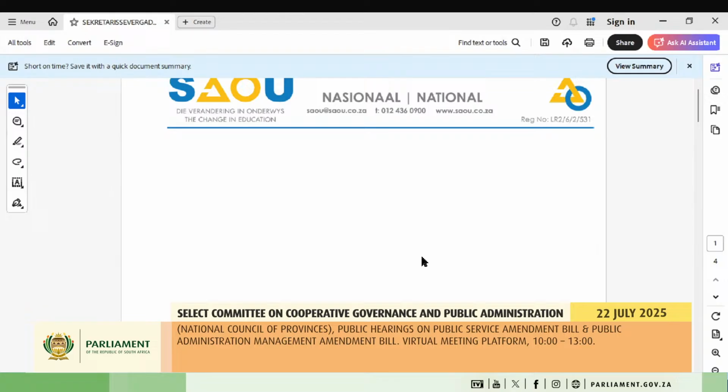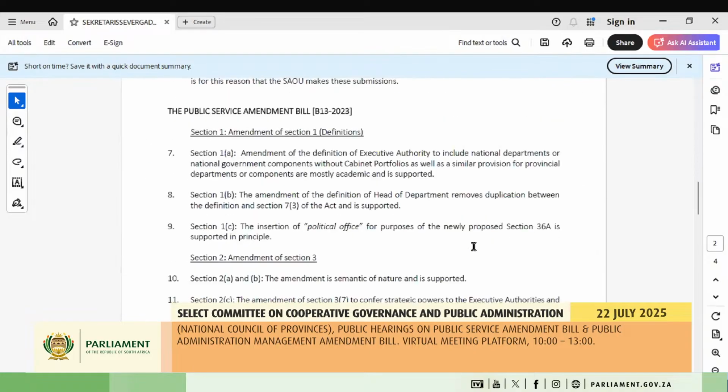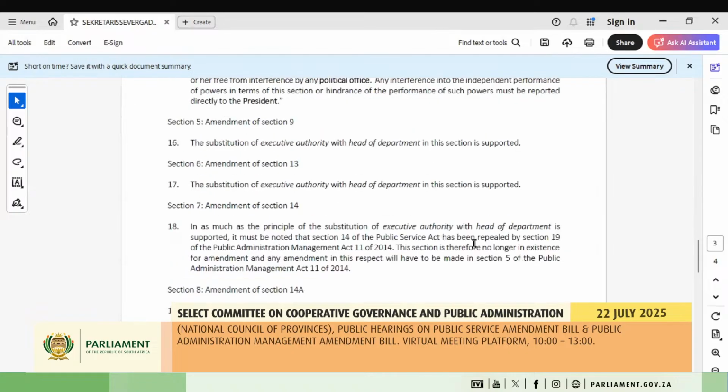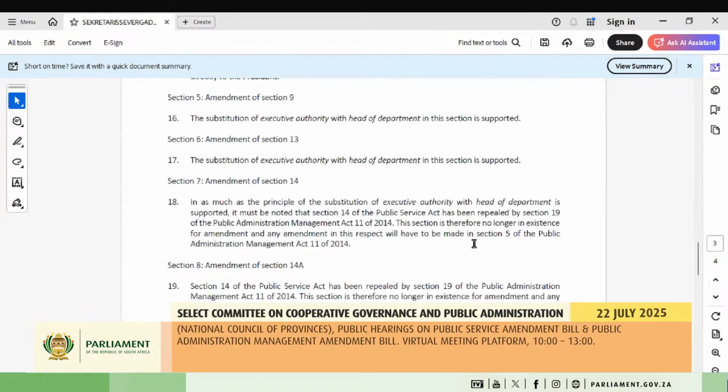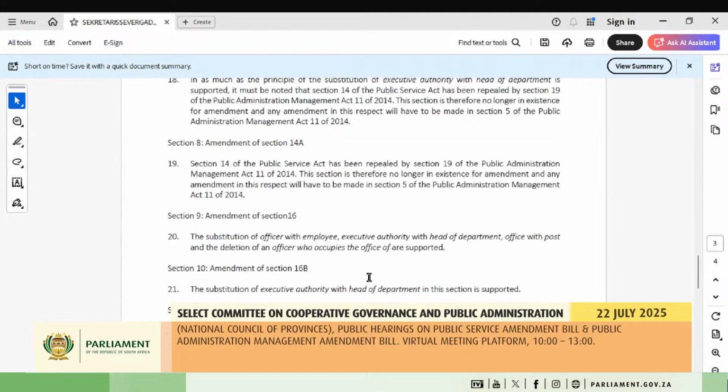Further, if we look at Section 10, which speaks to Section 16B of the Principal Act, we agree with these amendments, and this goes along to ensure accountability. Sorry, Chair, through you. Oh, yeah, now it's moving. Sorry, it was not moving at all. Sorry for that. Okay, thank you, Honorable Kaza. So if we can proceed to Section 11, which deals with Section 17 of the Act.